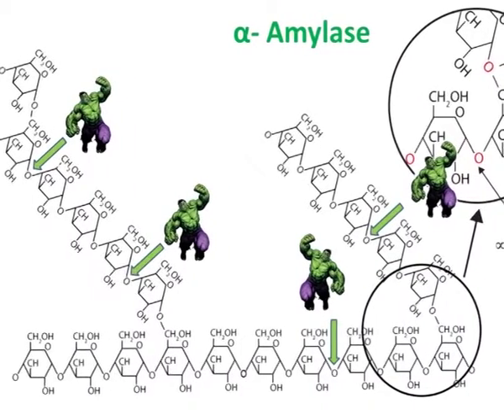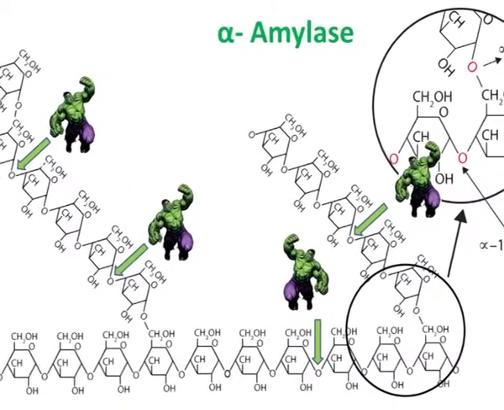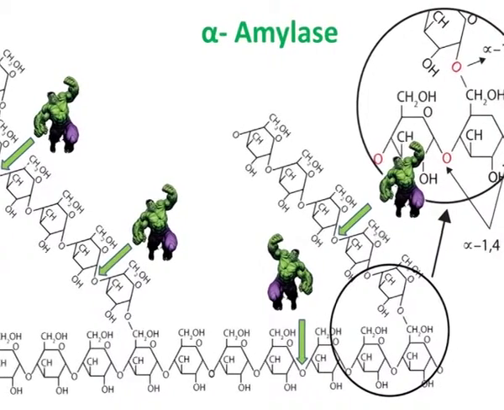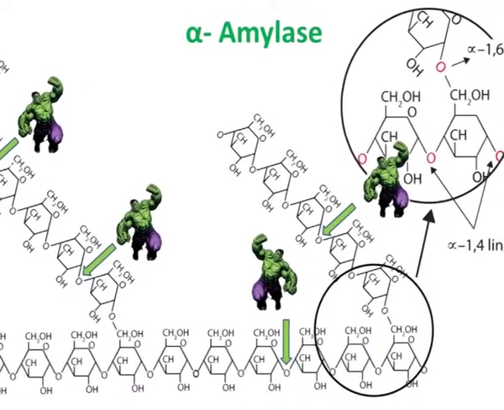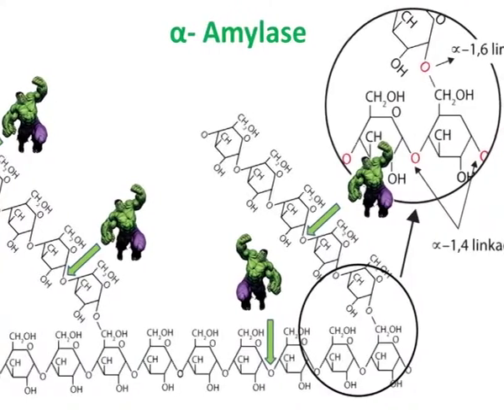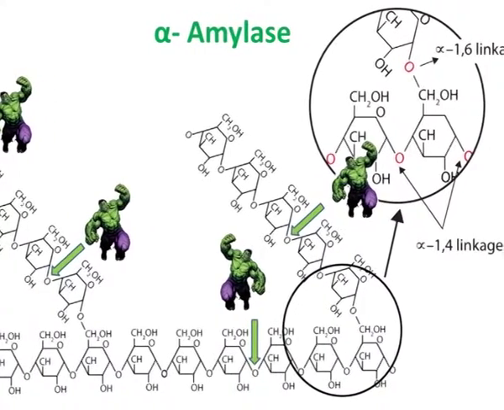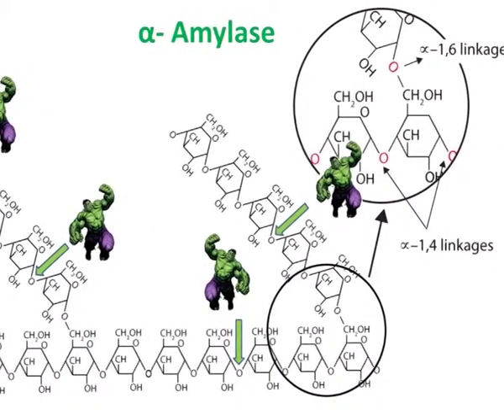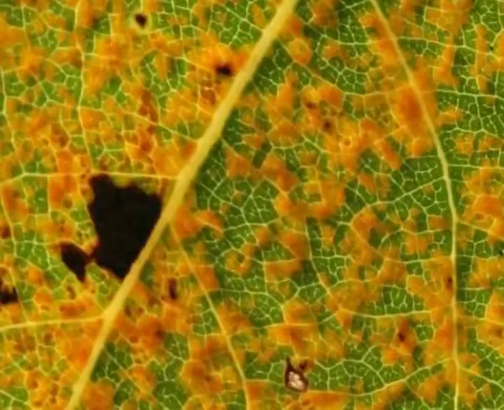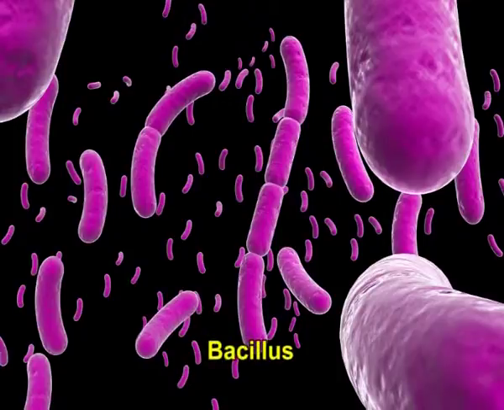Because it can act anywhere on the substrate, alpha amylase tends to be faster acting than beta amylase. In animals, it is a major digestive enzyme and its optimum pH is 6.7 to 7.0. In human physiology, both the salivary and pancreatic amylases are alpha amylases. The alpha amylase form is also found in plants, fungi such as Ascomycetes and Basidiomycetes, and bacteria such as Bacillus.